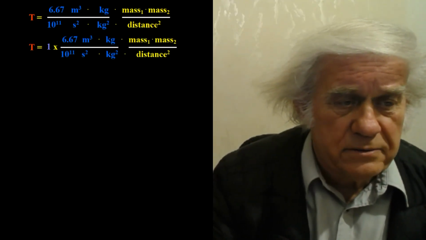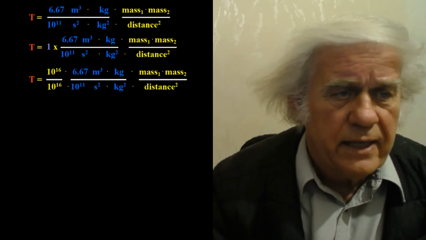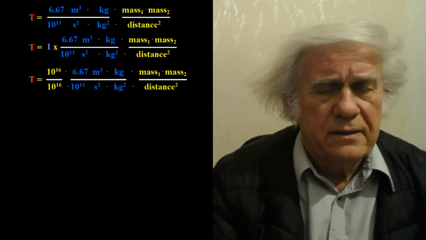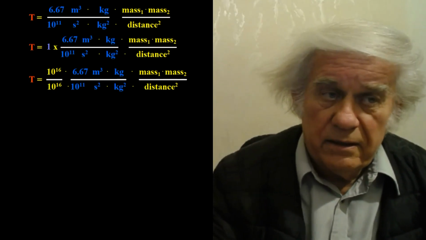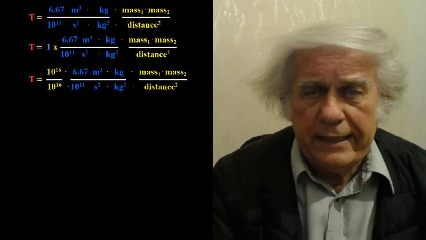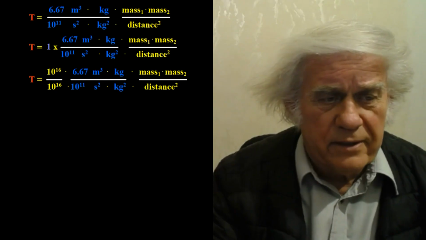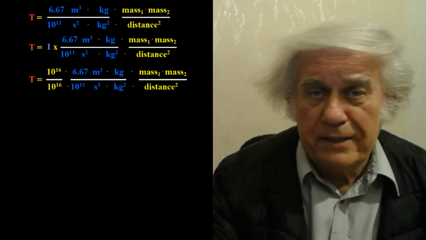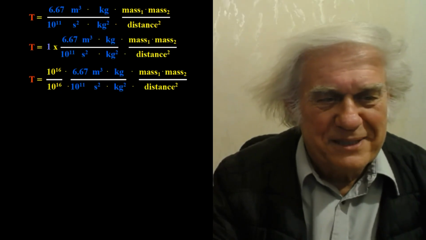Hopefully you'll allow me to do this as well. I put 10 to the 16 over 10 to the 16. I mean, 10 to the 16 over 10 to the 16 is what? 1. 1 times all that should be that. And so I think I'm legal, right? I hope I'm allowed to get away with all this. Correct me if I'm wrong. Send the mathematicians over to correct me.